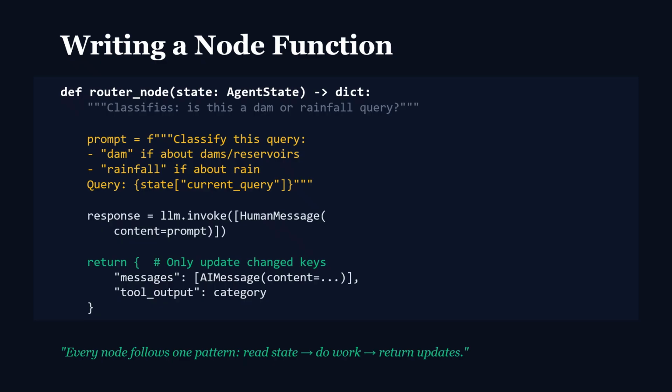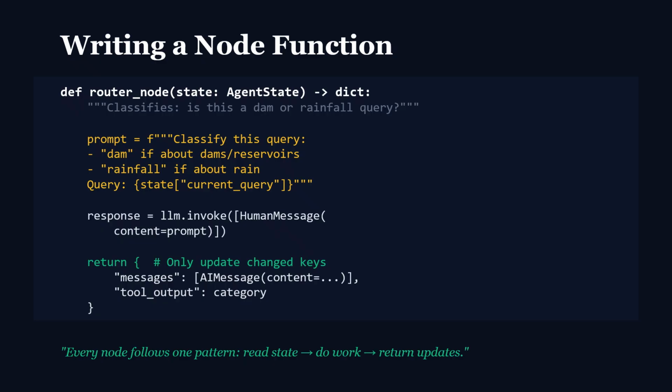Step 2. Do work. We build a prompt and call the LLM to classify the question. That is llm.invoke([HumanMessage(content=prompt)]).